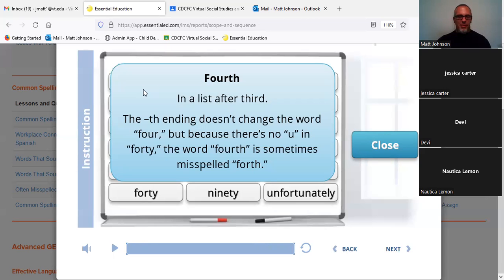Forty is spelled FORTY. But fourth is FOURTH. I'm sure there's a reason somewhere, but it's beyond me, why we change it for forty, but not for four or fourth. But you can see where the confusion comes from.